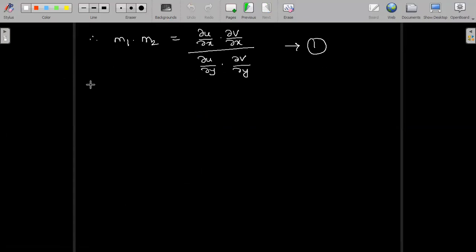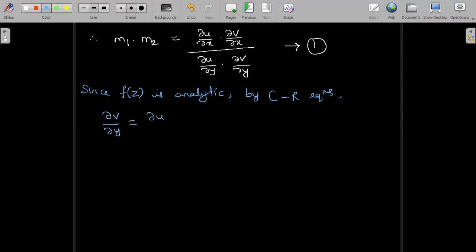So since f of z is analytic, by CR equations, we have dou u by dou x is equal to dou v by dou y, and dou v by dou x is equal to minus dou u by dou y.